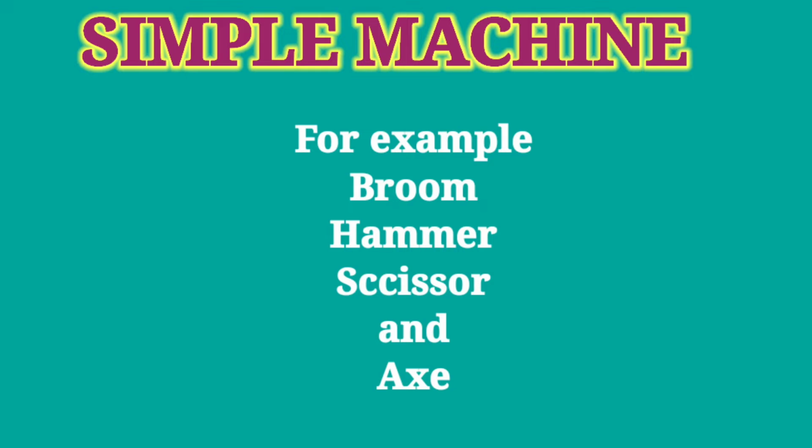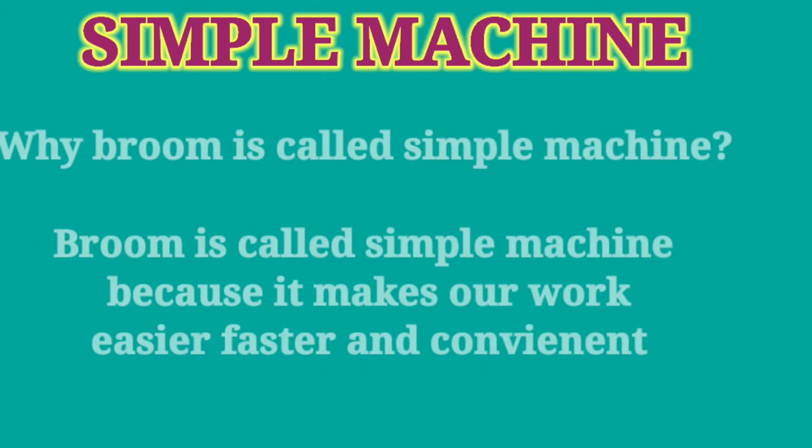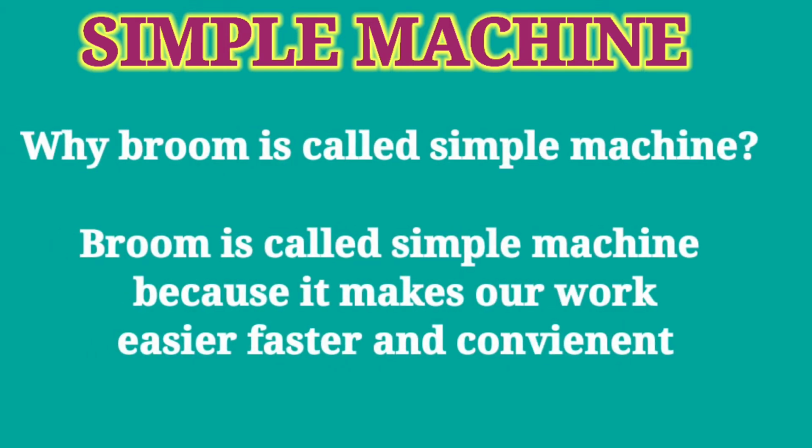The answer is the same, but someone might ask you why broom is called simple machine. If that is the question, then you have to answer it this way: broom is called simple machine because it makes our work easier, faster and convenient.